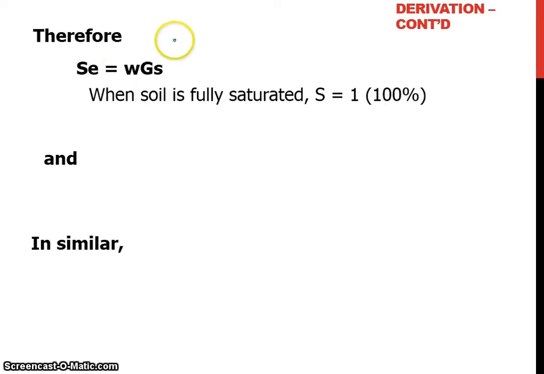From the previous equation, S equals wGs divided by e, so e goes right here, and we can get a new relationship, Se = wGs. This one I usually told my previous students to memorize. It is a very easy one but very useful one.